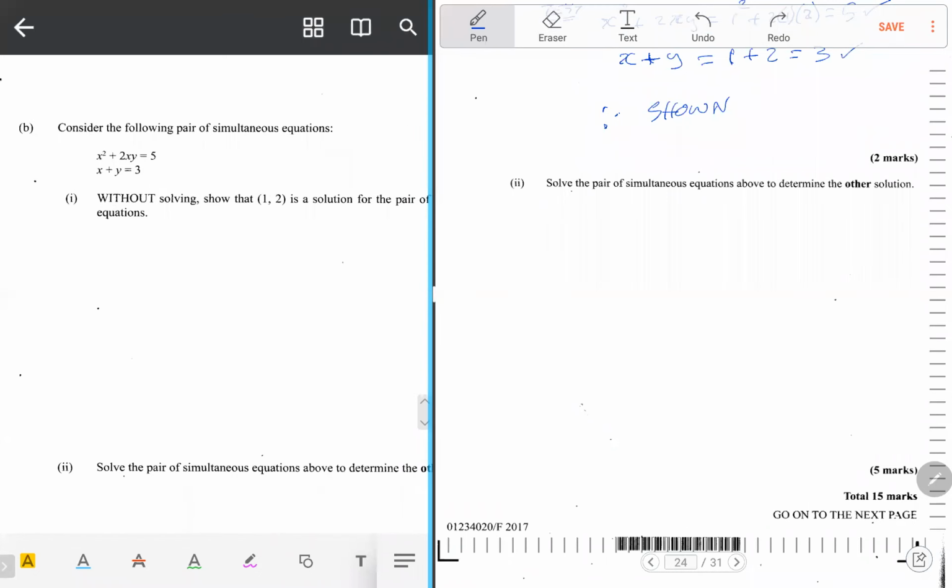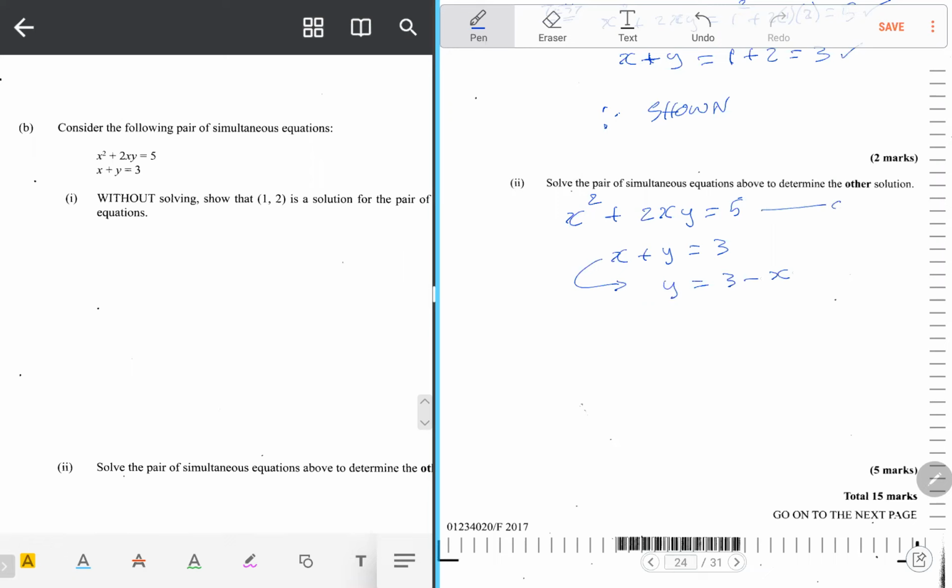The two equations we have are x squared plus 2xy equals 5, and x plus y equals 3, and this equation really becomes y equals 3 minus x. This is the curve, and this is the line. We're going to use a substitution method.